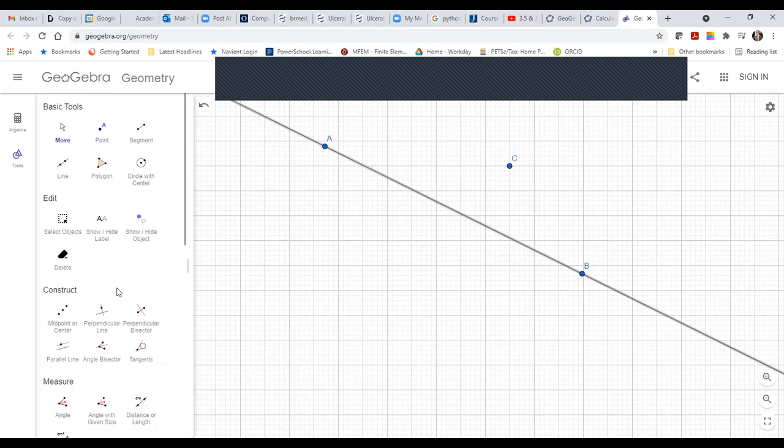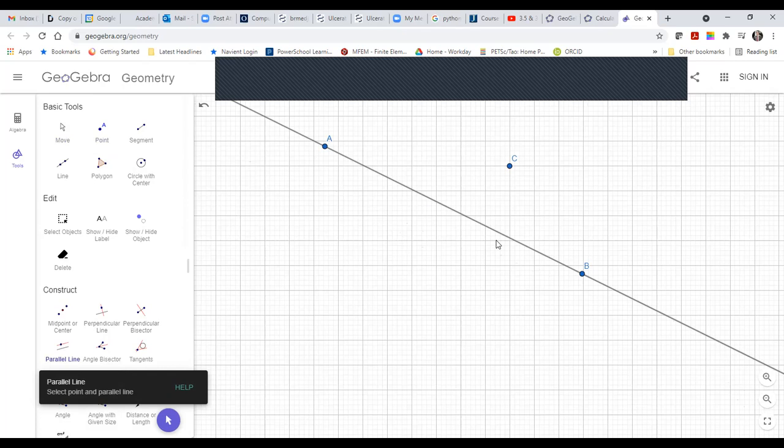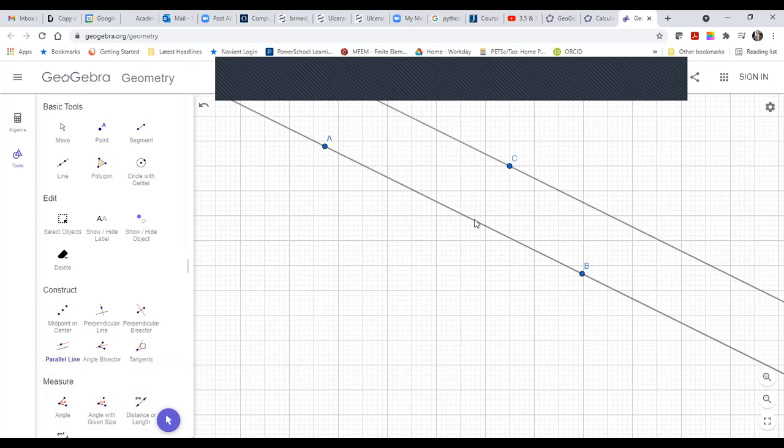So now you want to draw a parallel line, you can click this one, and then click this one and this one. So it automatically gives you a parallel line. Now you can see exactly you can draw one parallel line that goes through C, right?